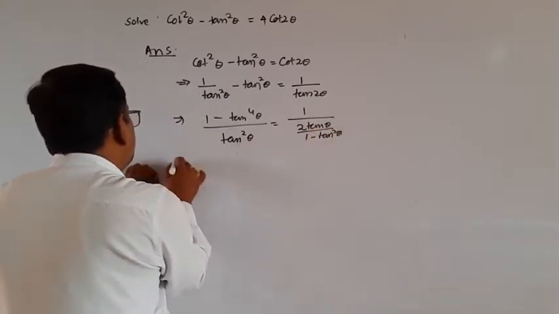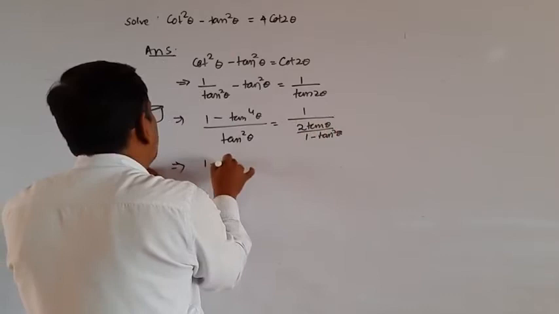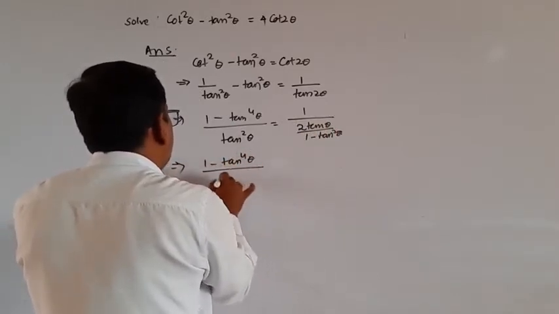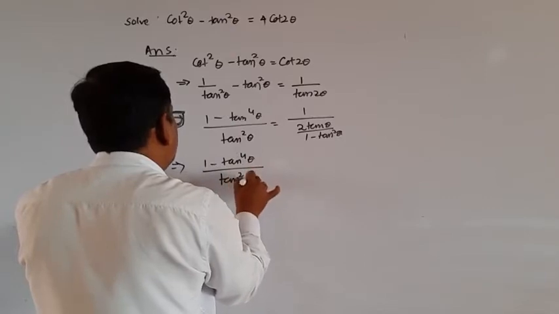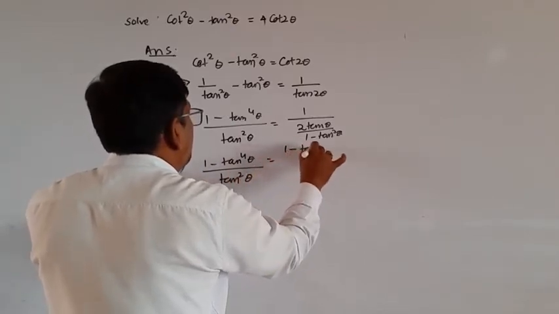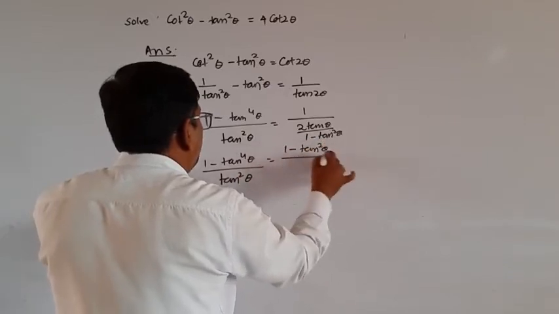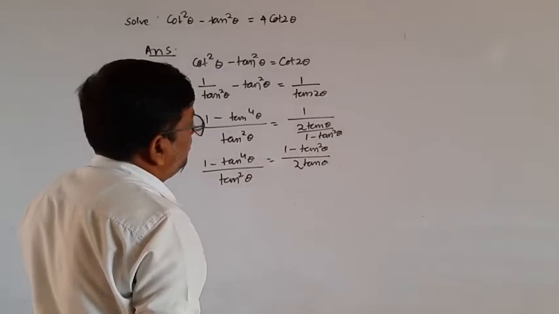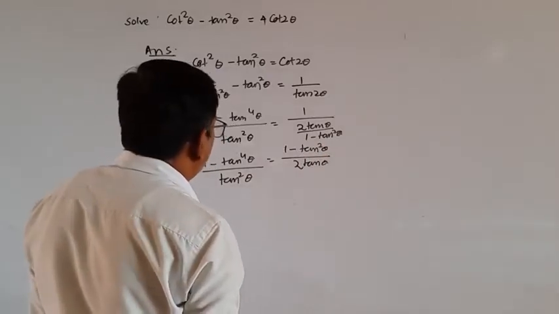So that implies (1 minus tan 4 theta) divided by tan square theta is equal to (1 minus tan square theta) divided by 2 tan theta.